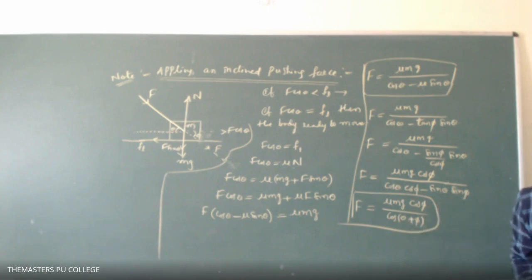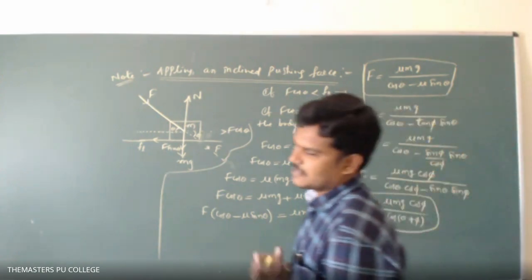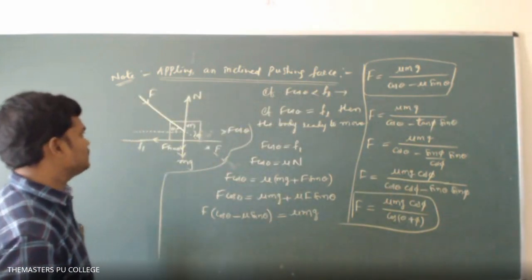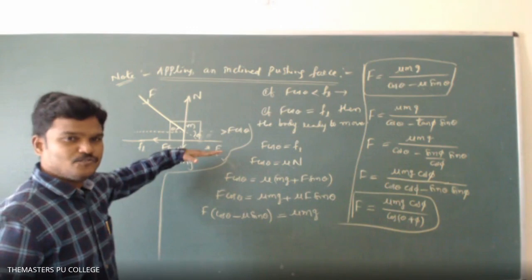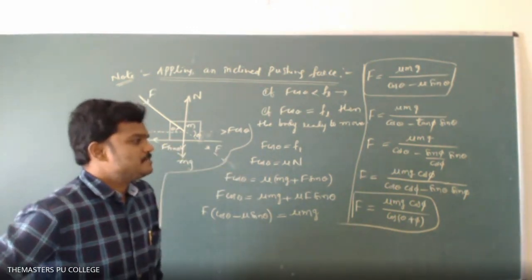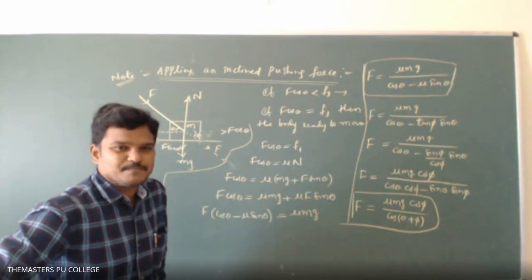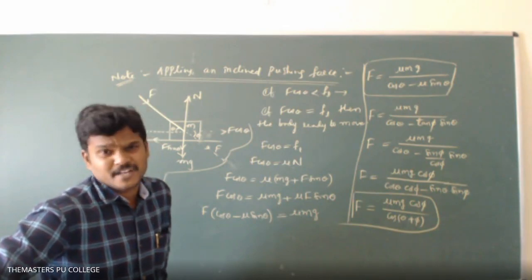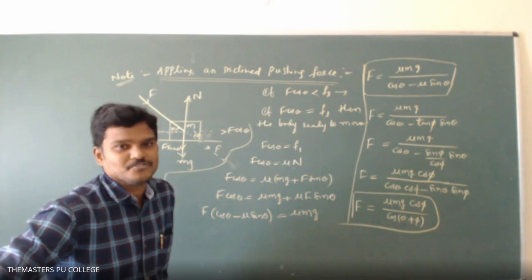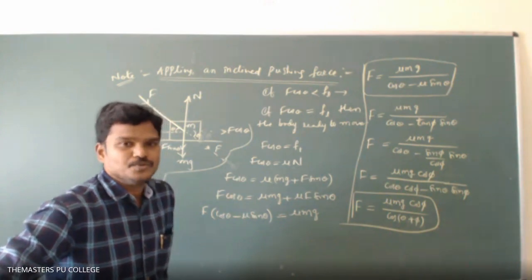If theta is 0, you are applying force along the floor. Then F is mu mg cos phi by cos of theta plus phi, cos phi cancelled. What is the answer? F is equal to mu mg. So you need that much force so that the body is ready to move.